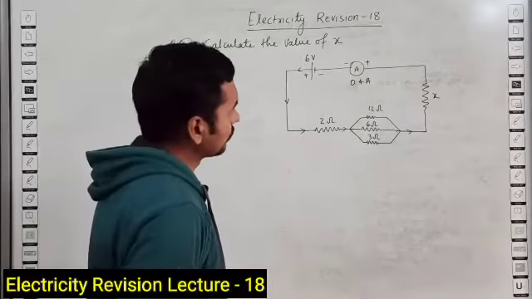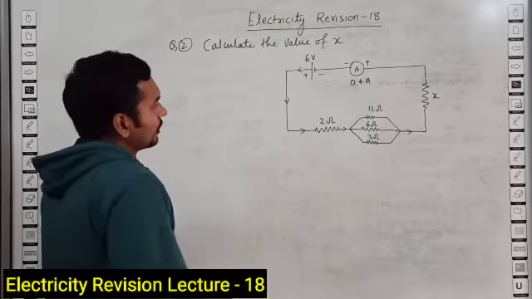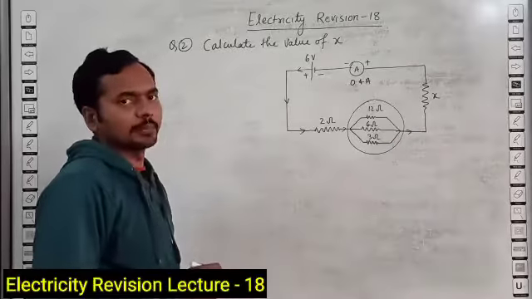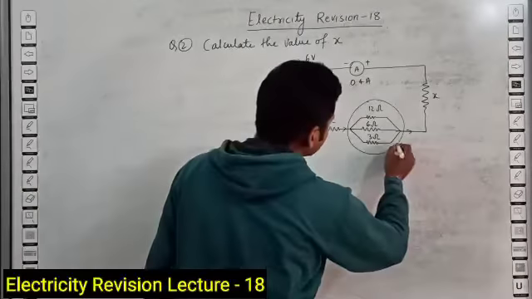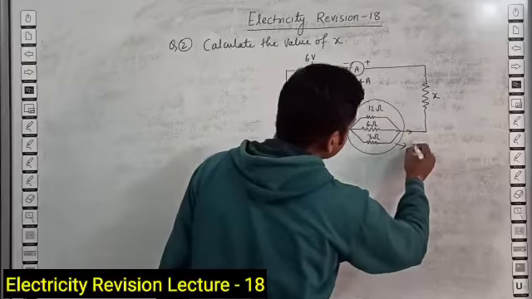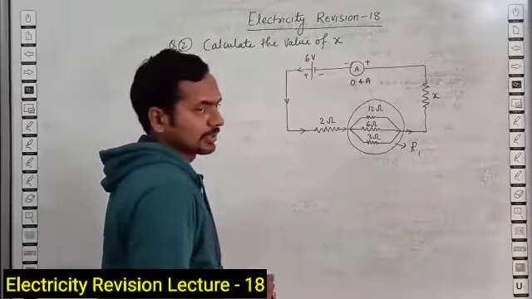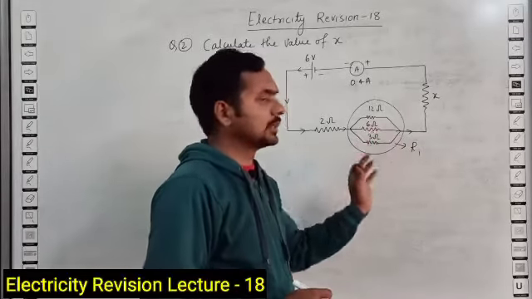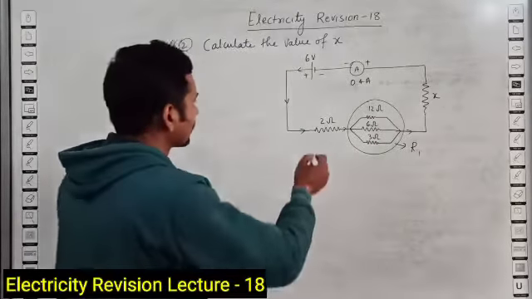To find the value of X, first of all we have to solve the effective resistance. Let us assume that the effective resistance for these three resistances is R1.